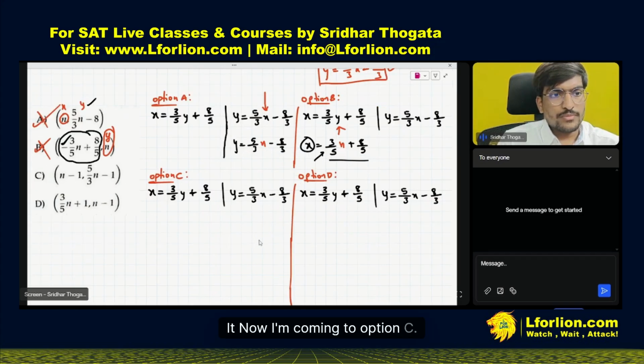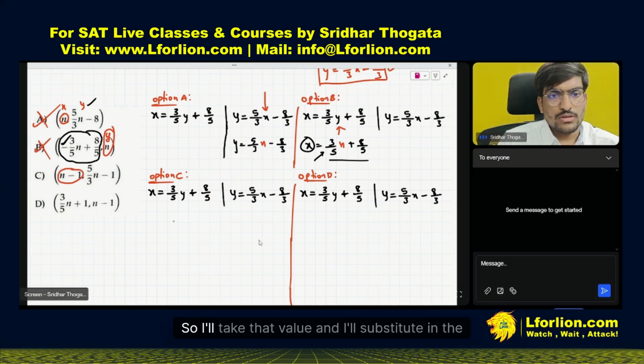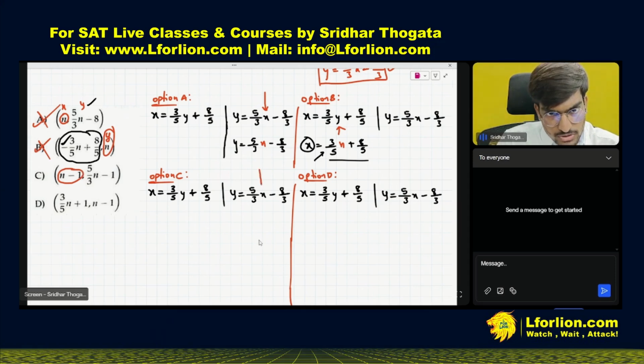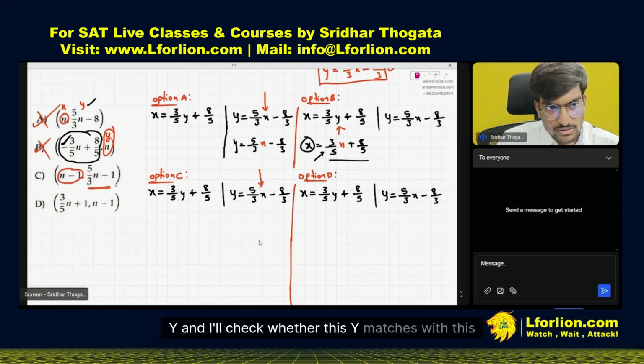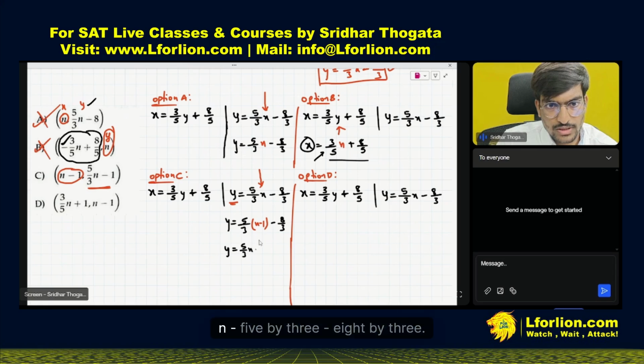Now I'm coming to option C. Here x is n minus 1. I'll substitute that in y and check whether it matches. y equals 5 by 3 times n minus 1, minus 8 by 3. y equals 5 by 3 n minus 5 by 3 minus 8 by 3.